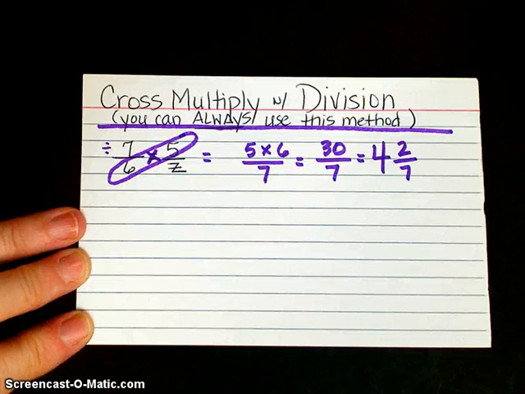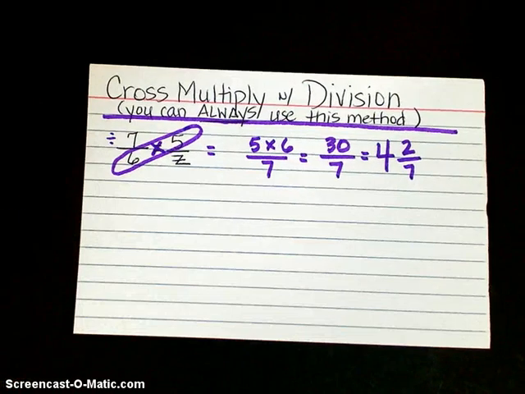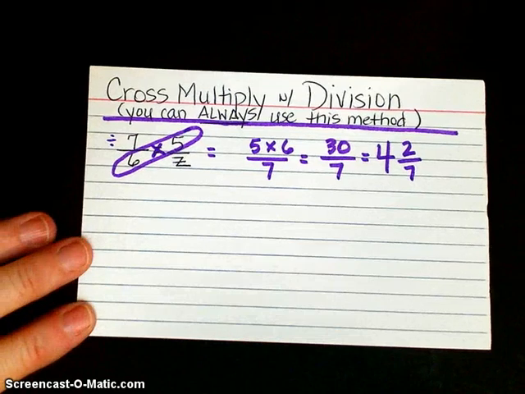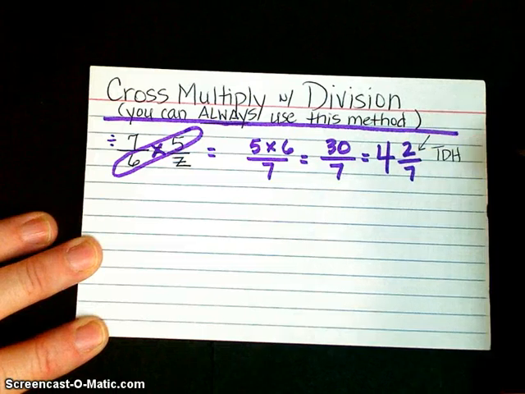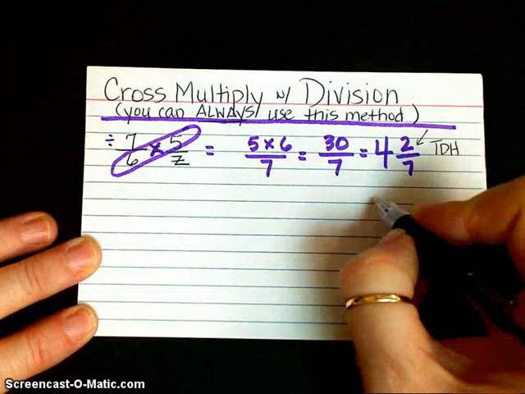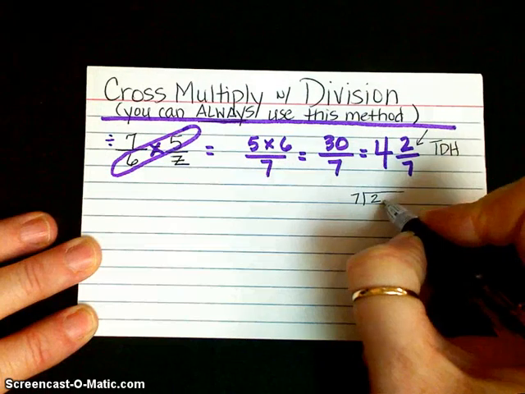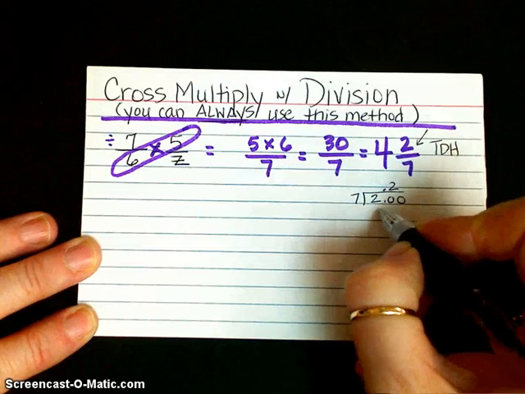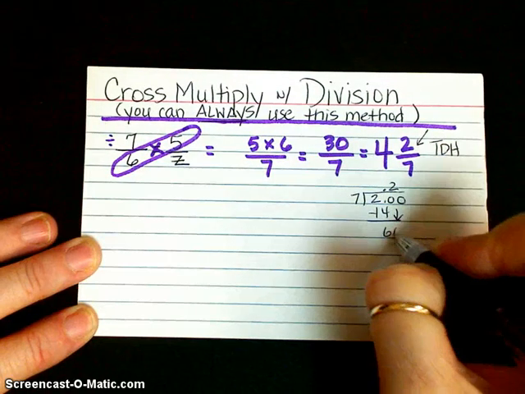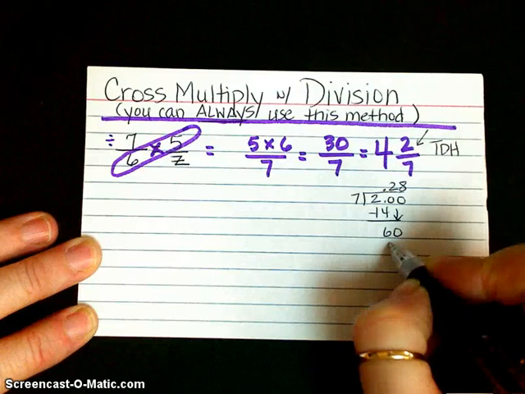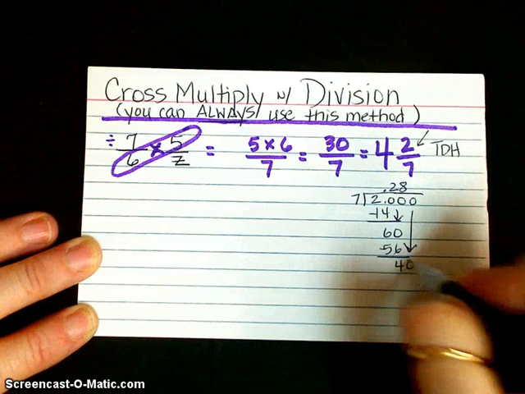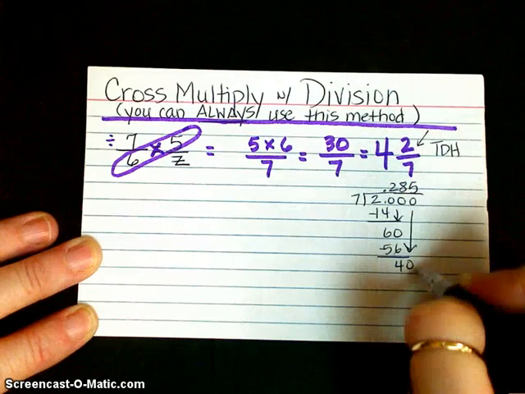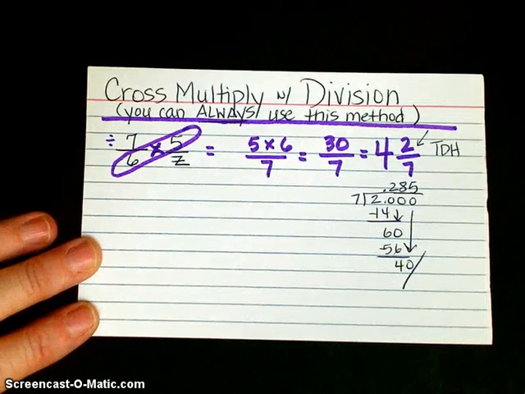Absolutely you can. But if you're going to check to see if they're proportional, it might be good to change it to a decimal form. And you guys have learned that to change fractions to decimals, you use top dog in the house. So if I take 2 and I divide it by 7, I'm not going to go any farther than 3 decimal places.